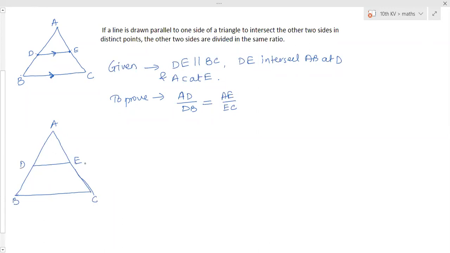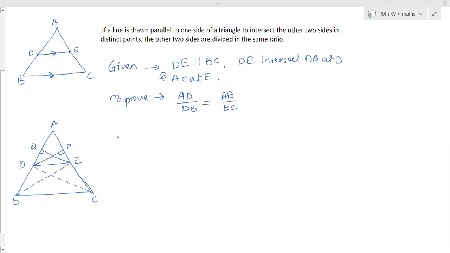Now what we have to do is draw a perpendicular from D on AC, suppose we consider DP, and from E again we draw a perpendicular, that is EQ. So EQ is perpendicular to AB and DP is perpendicular to AC. And one more construction is needed: join BE and CD.